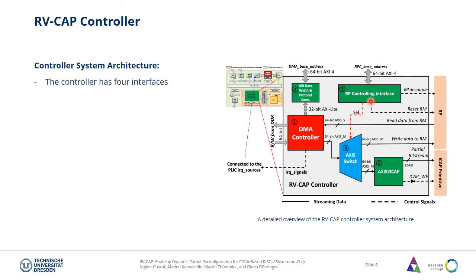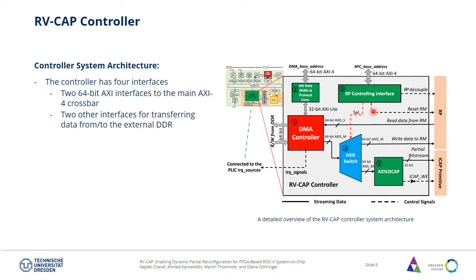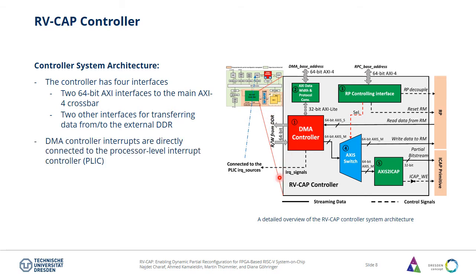We also see that the controller has 4 interfaces, 2 at the top to the main AXI4 crossbar, and 2 interfaces at the left for transferring the data, as I mentioned, to and from the DDR.